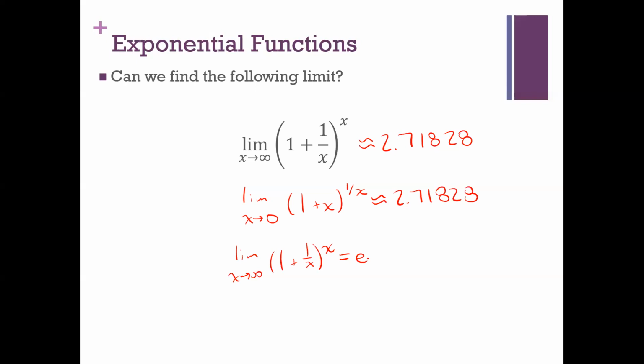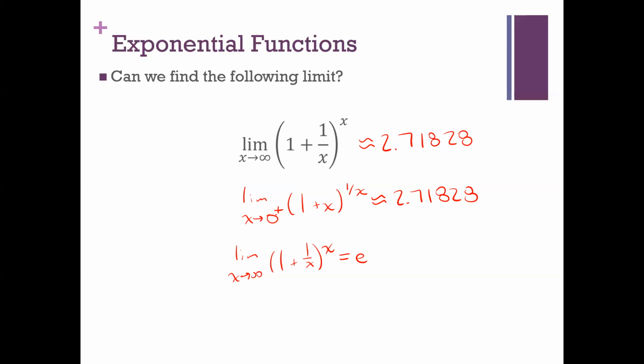Jordan? No. That one is supposed to be x to 0. So let's think about this one. And really, to be complete, I should do this: 0 from the right.